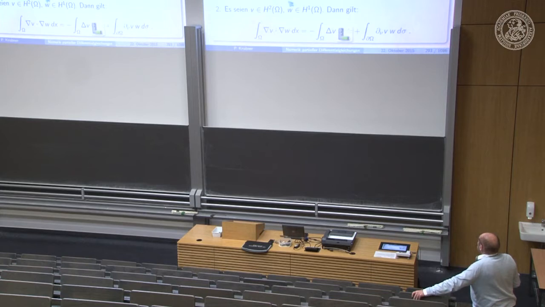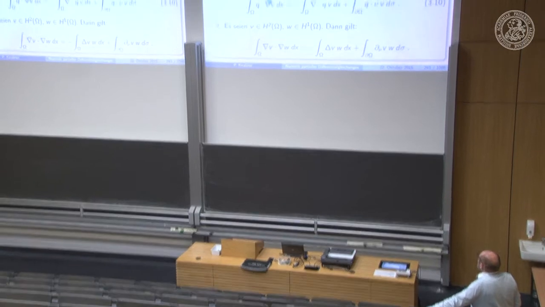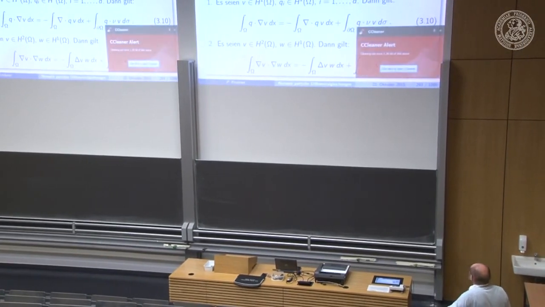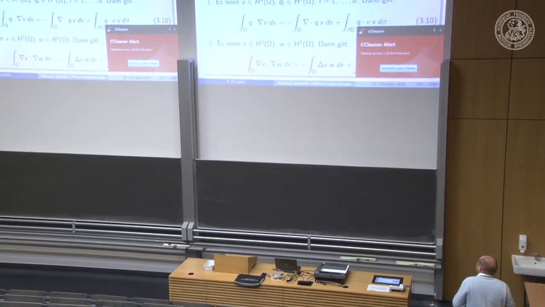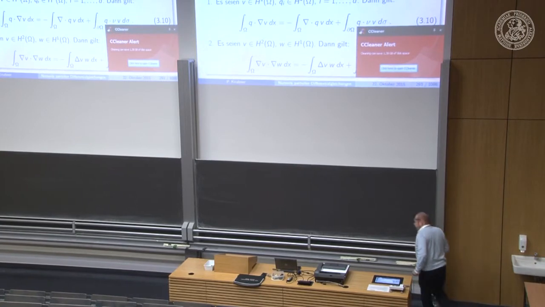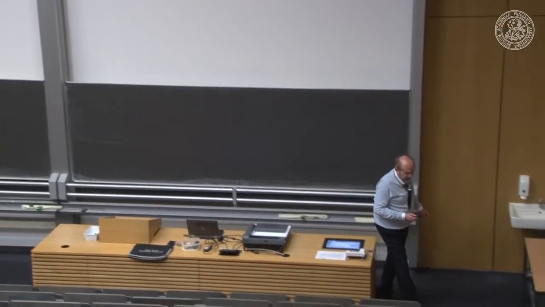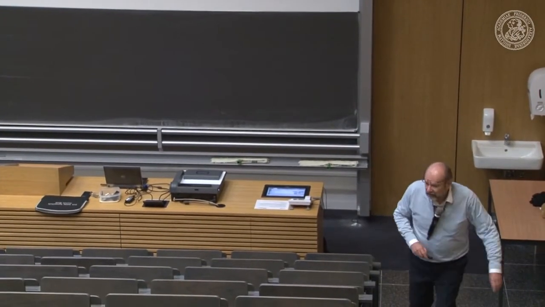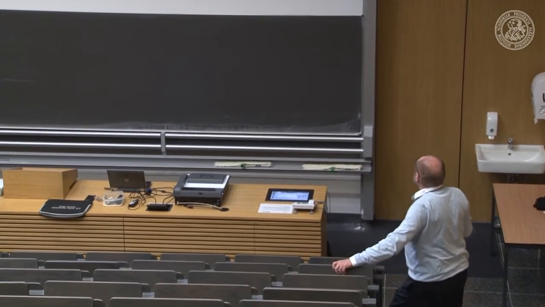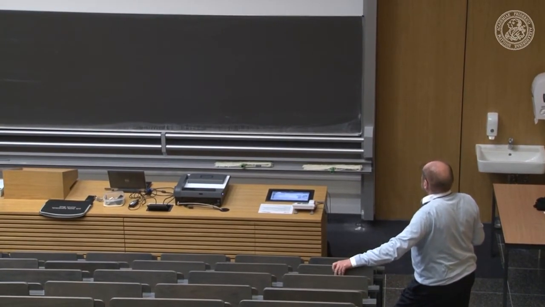We have come to this formula saying, as we are used to doing, we can put a gradient over to the vector field, changing the sign and getting an additional boundary integral term with the vector field in the normal direction. And the only thing we need for this is that the quantities which show up here make sense.